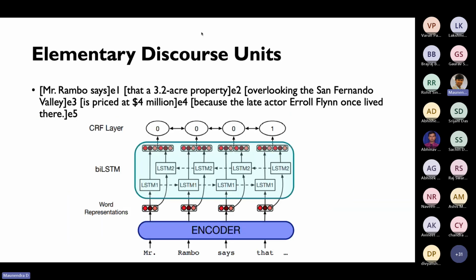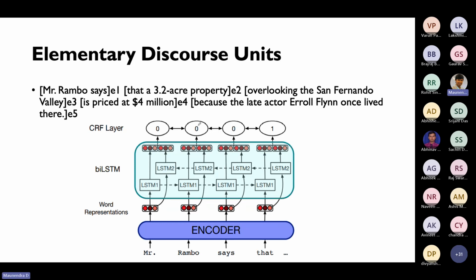So given a sentence or a paragraph, the first task becomes to identify these elementary discourse units so that in the next step we can try to build the connections among them. Here, "Mr. Rambo says that a 3.2-acre property overlooking the San Francisco Valley is priced at this much million because the late actor Errol Flynn once lived there." So these could be the 5 elementary discourse units in these sentences.